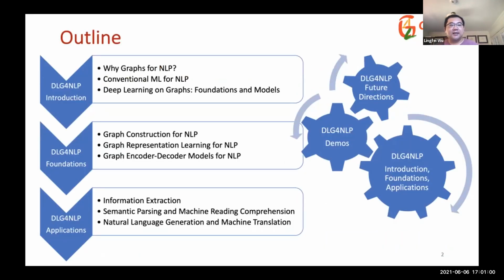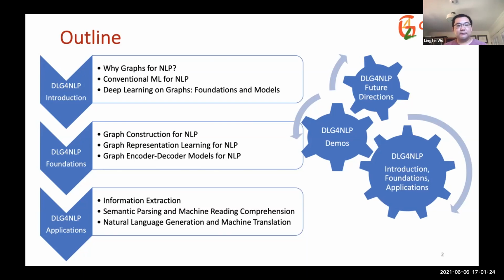Okay, this is the outline for our tutorial today. We will first talk about the motivation for why we try to do DLG for NLP. So why graph in NLP, what are the conventional machine learning methods for NLP, and what are the modern approaches, for example, deep learning on graph and foundation models.